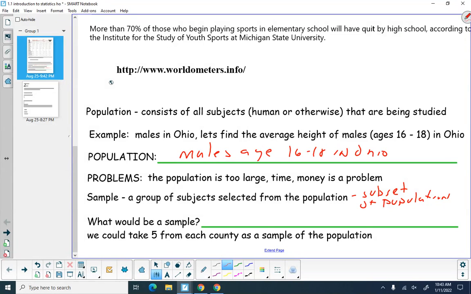Presidential elections. Okay, when you have those presidential elections, they have all these polls that are going out there. And you'll see it in the news that 47% of the people are going to vote for this candidate, compared to 45% of the population is going to vote for this candidate.